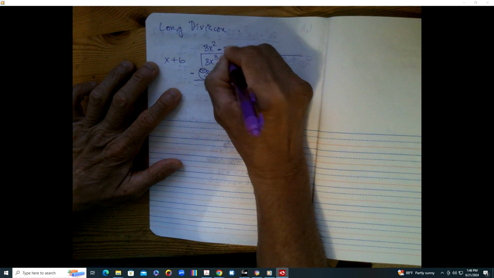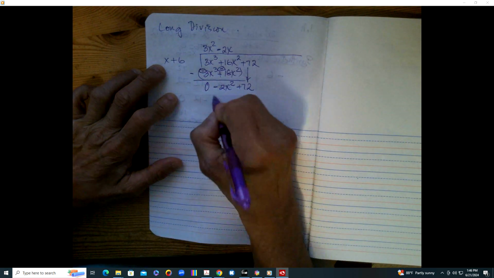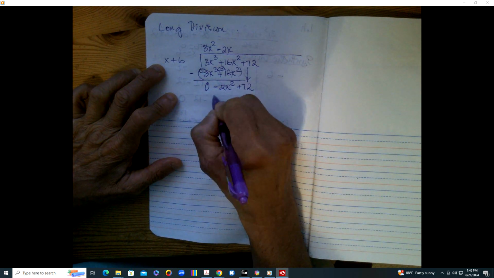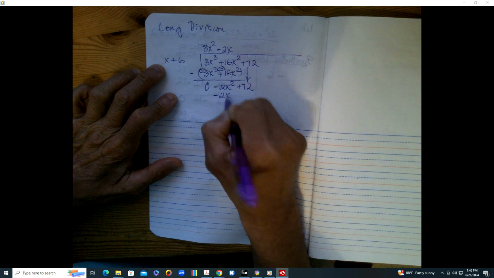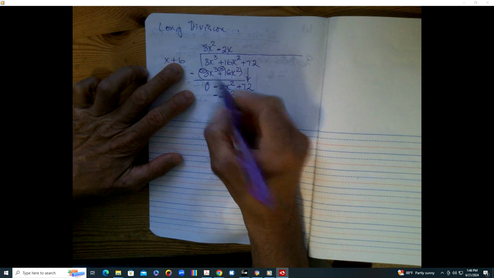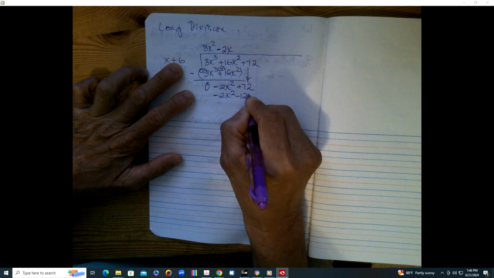All right. So how many times x plus 6 go into this? It's going to be a negative 2x. Right? So we multiply it up. So that gives us negative 2x squared. And this gives us negative 12x, right?